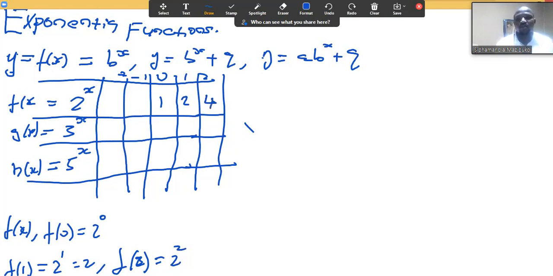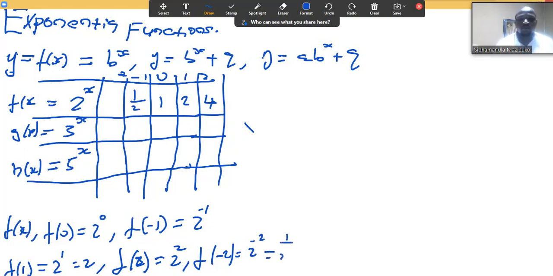Same thing for f(-1): that will be 2 to the power minus 1, so that is a half. f(-2) is 2 to the power minus 2, which is the same as 1 over 2 squared, the same as 1 over 4.